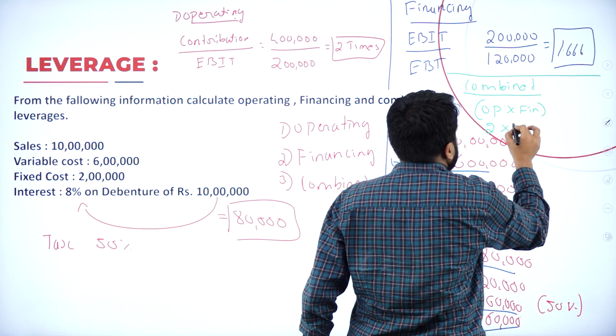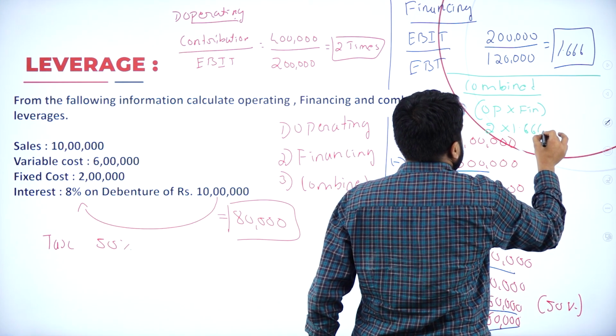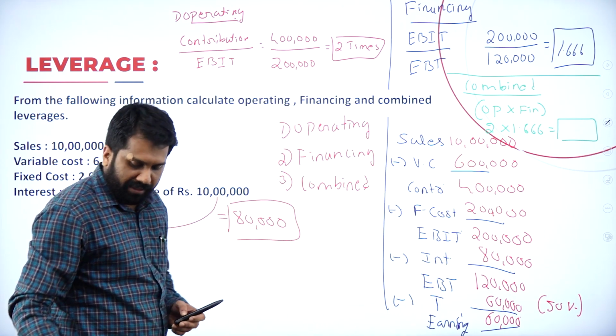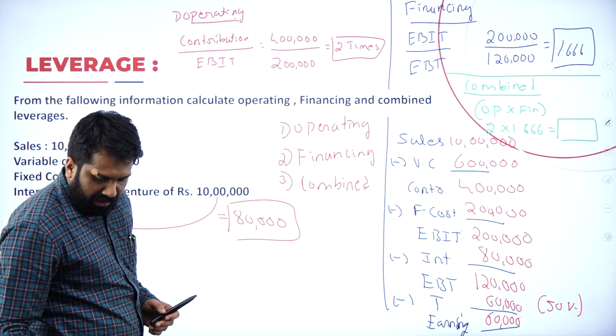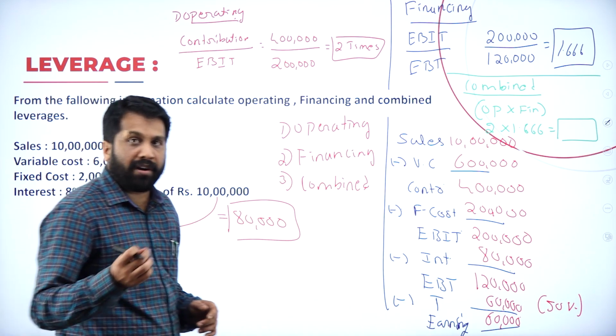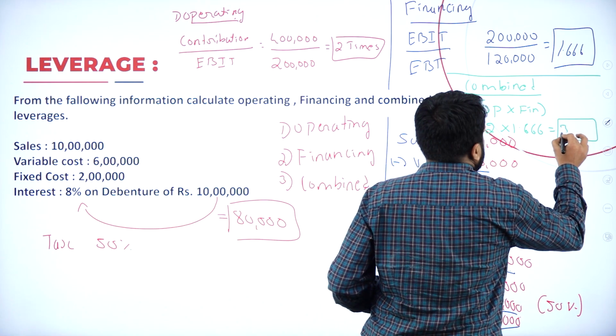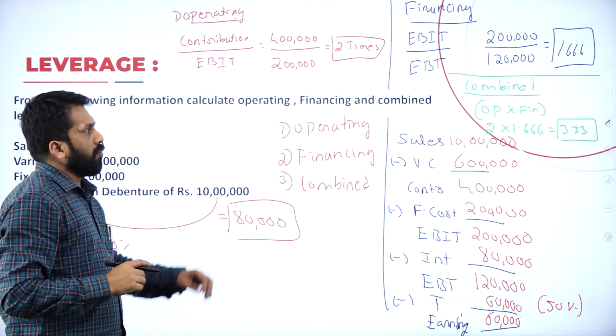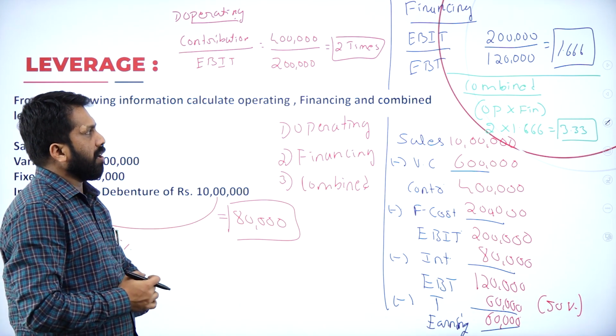What is your financing? 1.666. What is your answer? 2 into 1.666. I got 3.332. Hope you are clear. Good. We got 3.332 as your answer.